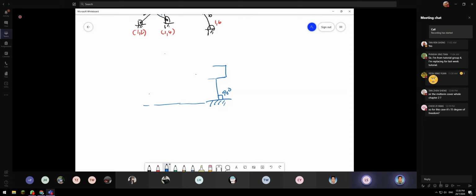So this is your location of your R2, isn't it? So this is R2, and then here's a slider, isn't it?